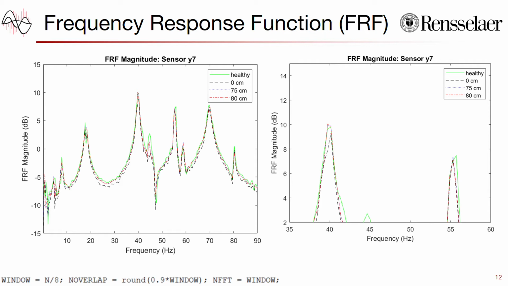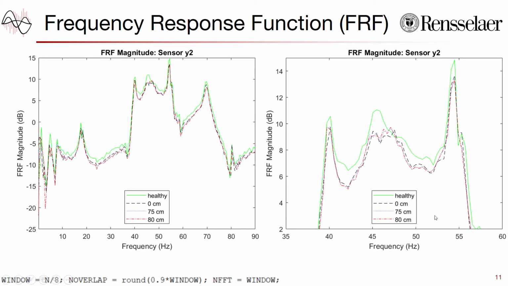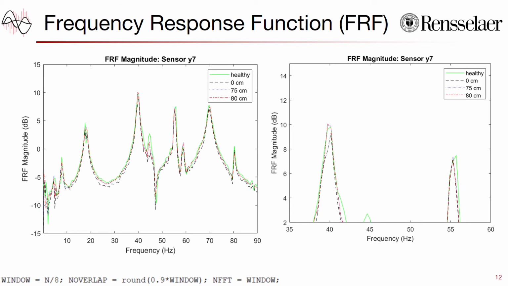That's most likely why the output for the damage locations is noticeably different for sensor Y2, which is on the right wing, than Y7, which is on the horizontal stabilizer.